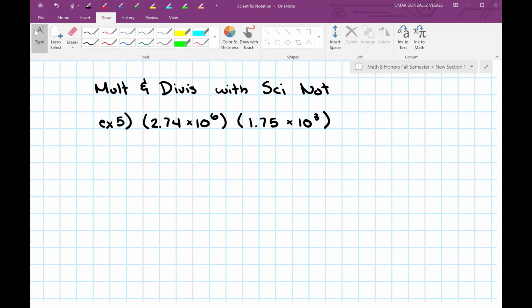What did I tell you guys to do when you have something like this? Do we need to have the same exponent for this? No. Exactly. Look at it as two different things.